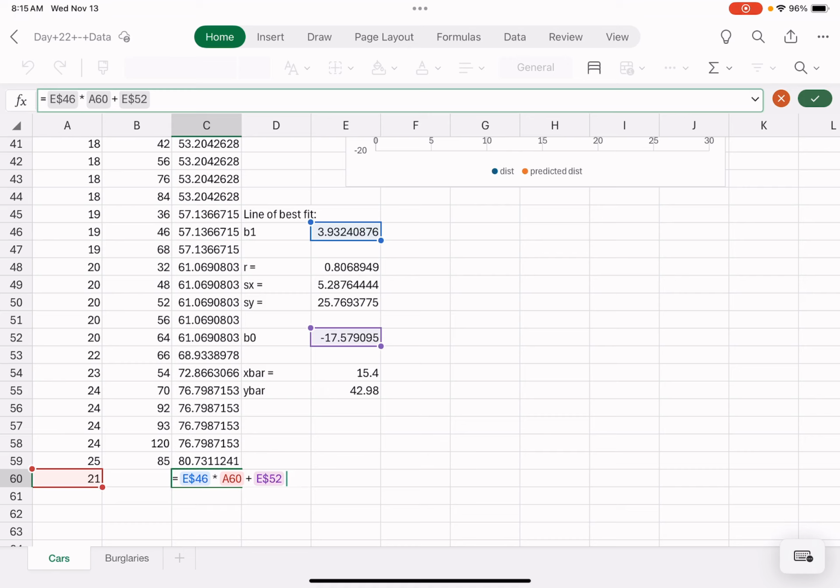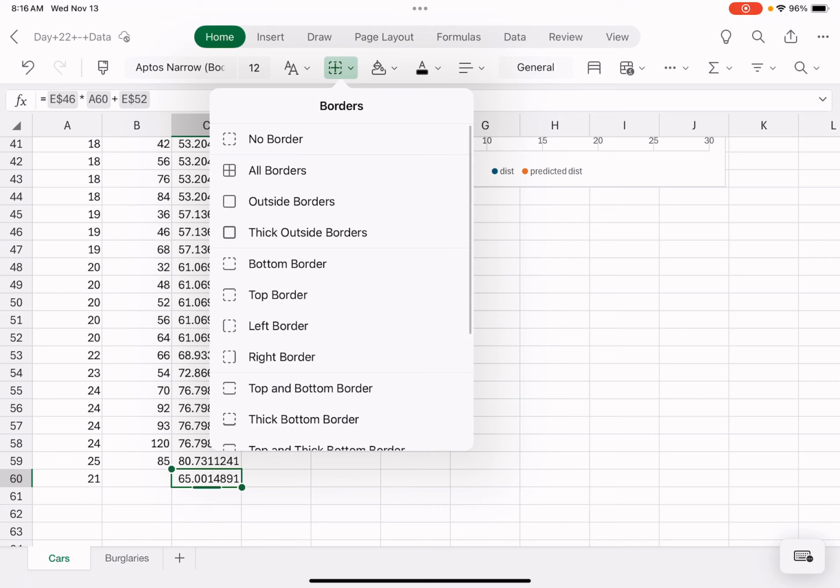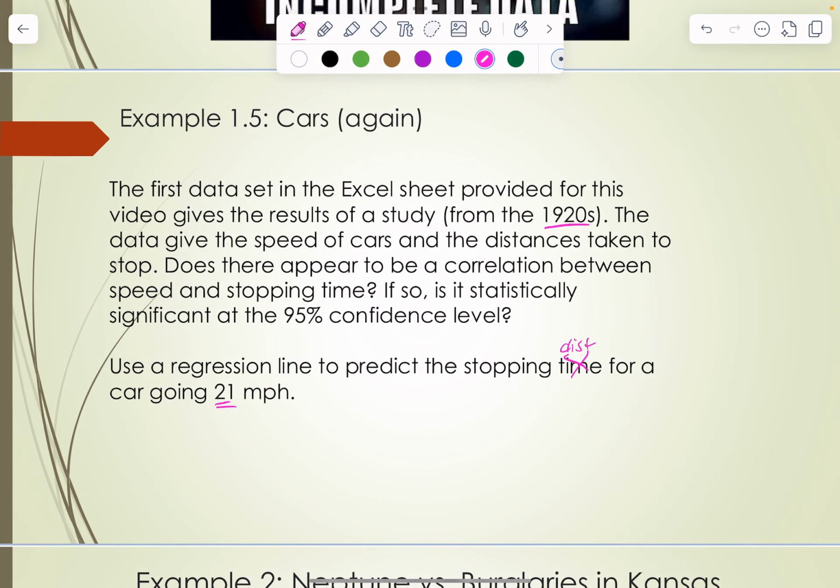It's going to take my B1 and multiply it by the 21, which is in the red cell. And then it's going to add my intercept. And so that gives me my predicted distance. That's how far it's going to go before it comes to a complete stop. 65. Okay. And so that would be my answer.